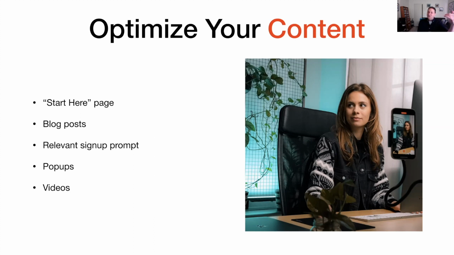I would say, for more Twitter tips, get my newsletter, right? Or a blog post about Facebook would be for more Facebook tips, get my newsletter, right? So I'm matching the sign up prompt to the content that people are reading. I'm not lying. I'm not going to say get my newsletter about Twitter if it's not about Twitter.